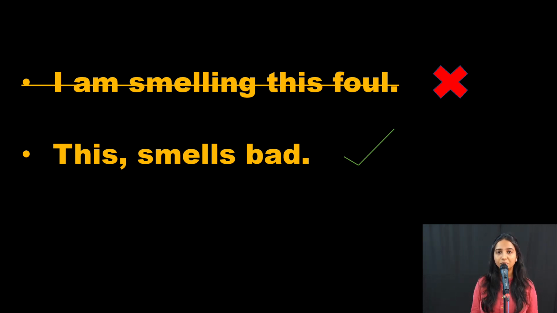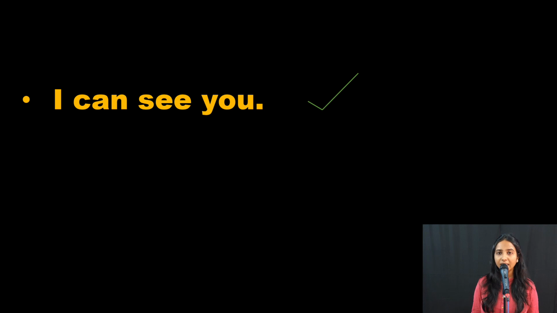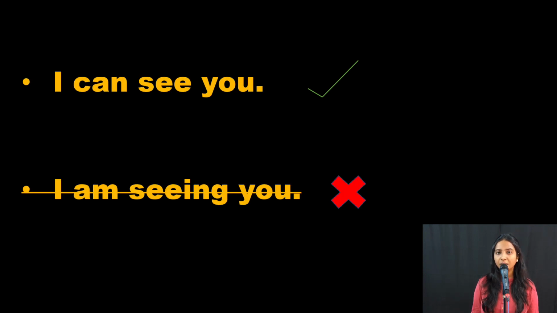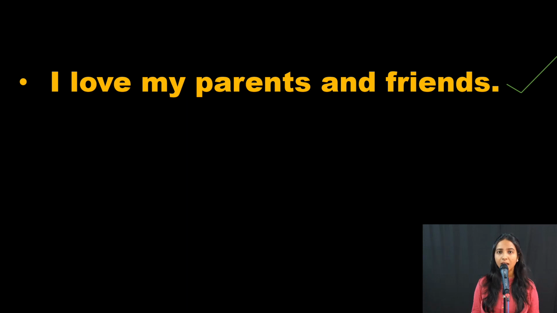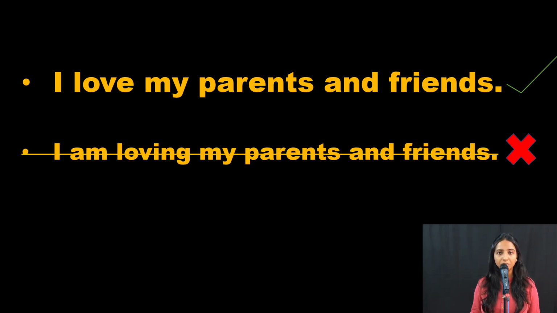Or if I see my friend Navya at the station, I would say I can see you, not I am seeing you. Similarly, if I want to say I love my parents and friends, I wouldn't say I am loving my parents and friends. So, some of the words are not used in the continuous form, and this should be remembered as it is an important rule.